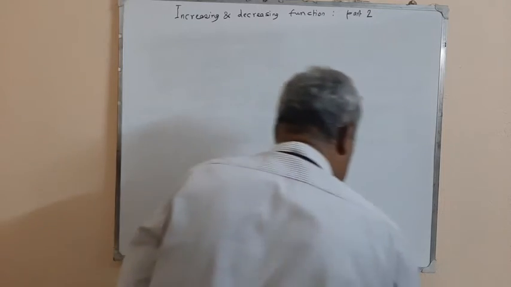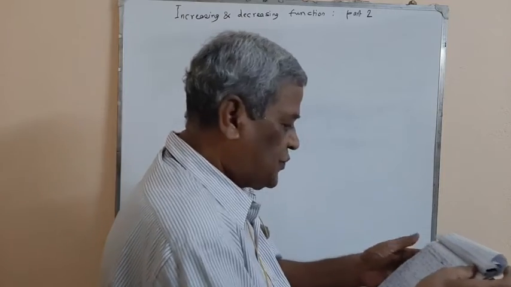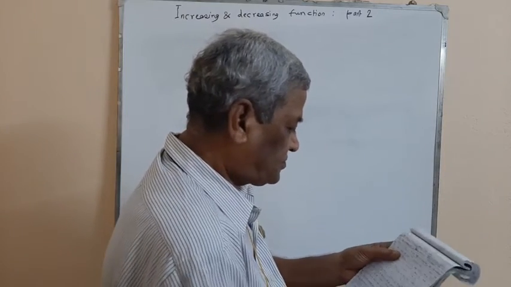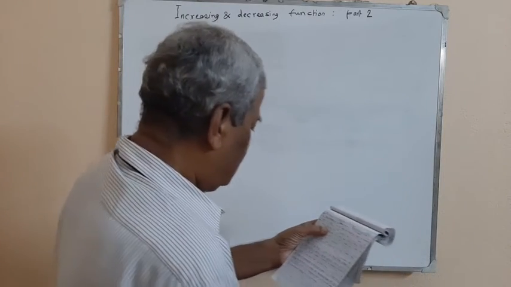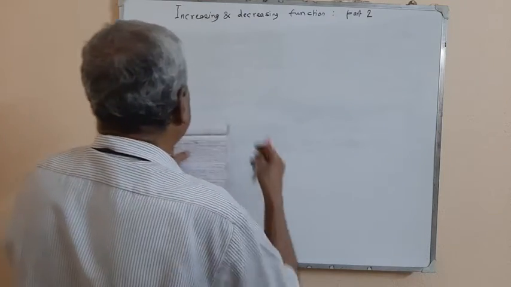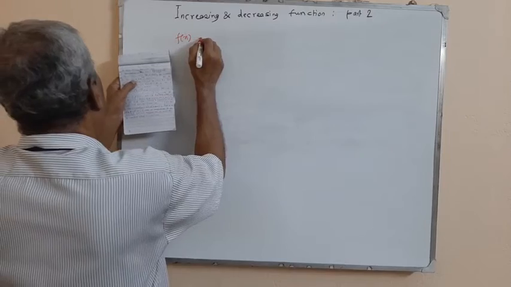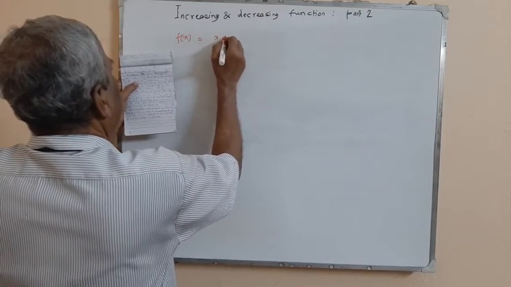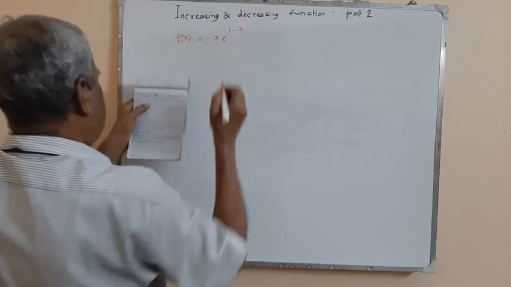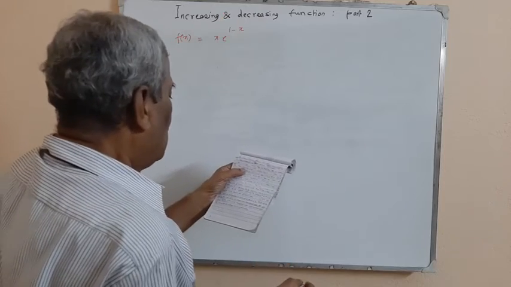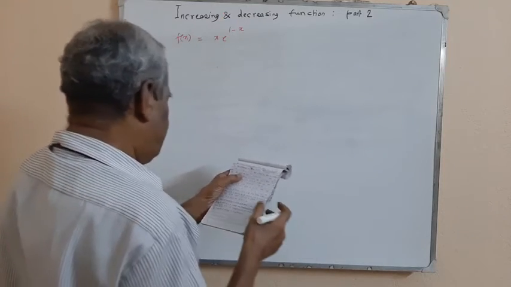So the next problem is for f(x) is equal to x e to the power 1 minus x. Which one is true?